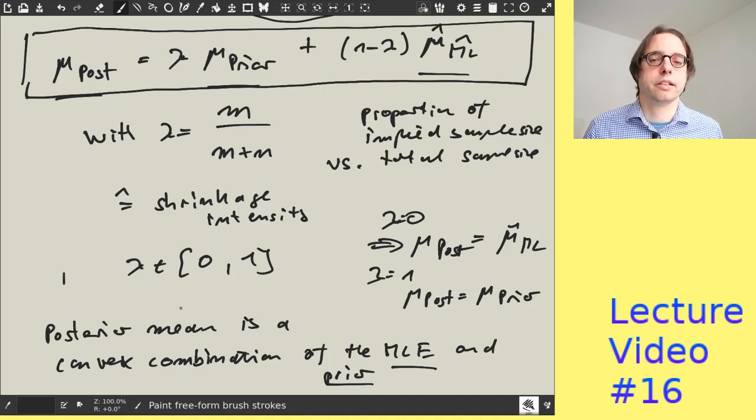That's actually quite a general effect: by a linear update of the maximum likelihood estimator, we get the Bayesian estimate.